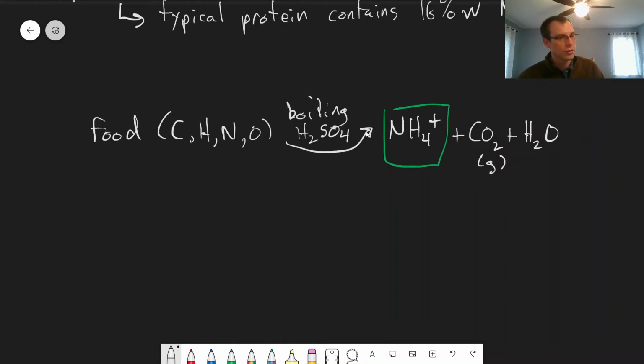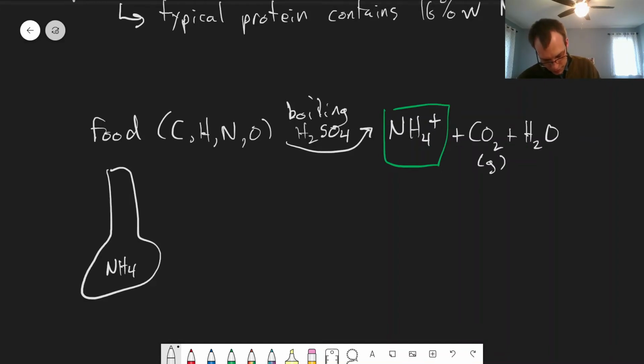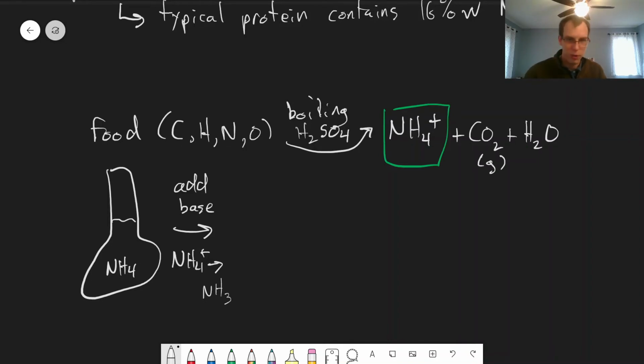So the carbon and hydrogen will leave the mixture. We've basically isolated the NH4+. Then we take our flask that has our NH4+ in it, and we add base, and that's going to convert all of our NH4+ into NH3 and also neutralize the boiling sulfuric acid that we were doing all of this in.